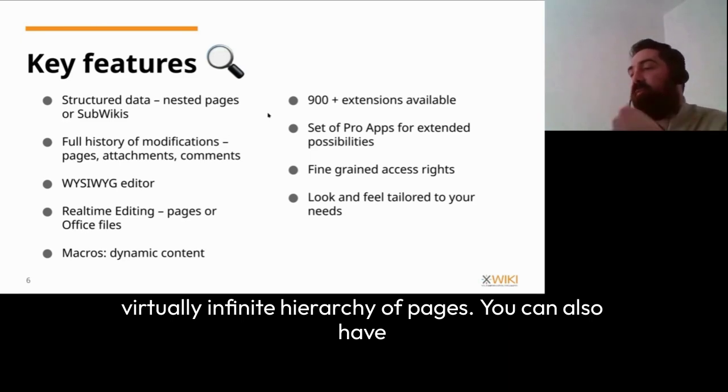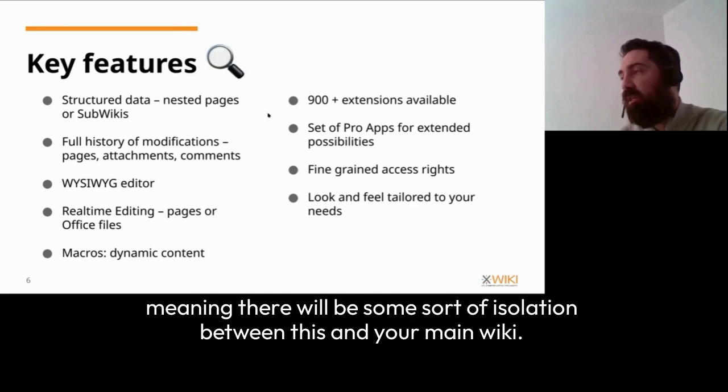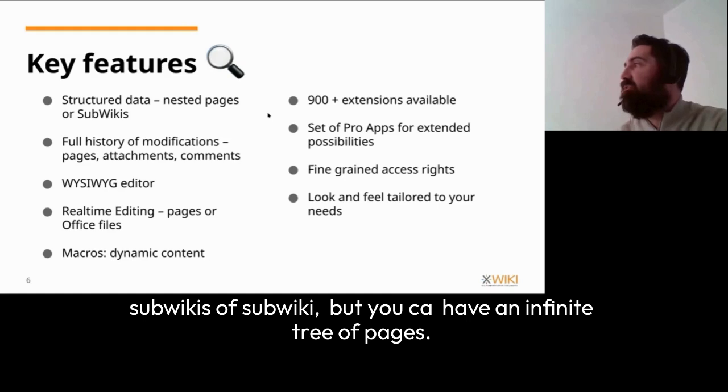You can also have, if needed, some sub-wikis created, meaning there will be some sort of isolation between these sub-wikis and your main wiki. You just have to keep in mind that sub-wikis are a flat organization in XWiki, meaning you can't have sub-wikis of sub-wikis, but you can have an infinite tree of sub-pages.